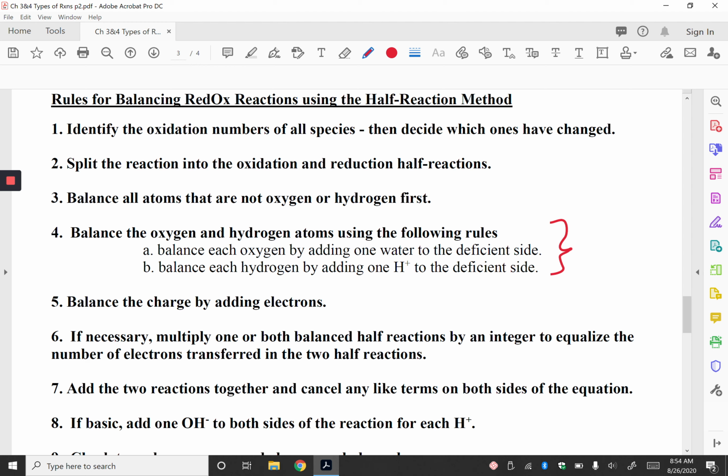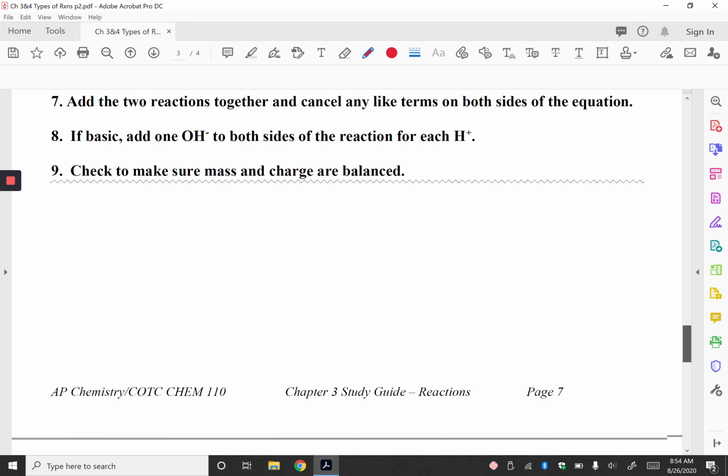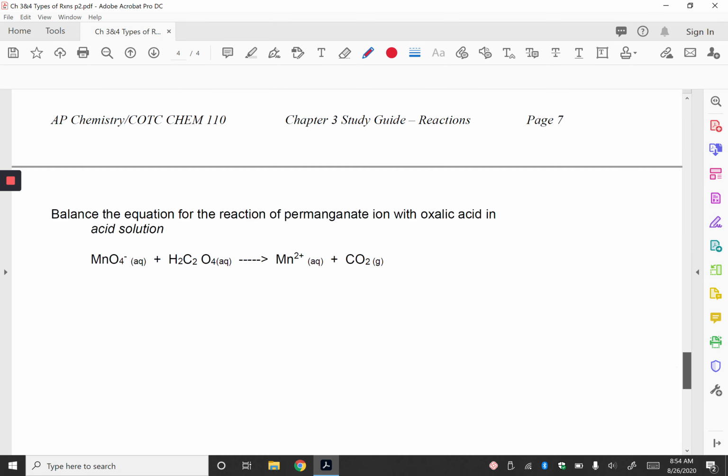We're going to do it in our notes, and I think I assigned you a few on the homework, just so you understand what's going on. But on the AP exam, they will not ask you to balance the hydrogens and the oxygens and all that. They will be asking you to be able to do any of the other steps, though. So the ones that don't have oxygens and hydrogens, you need to be able to do. So let's go through and do these steps for those 2 reactions here.